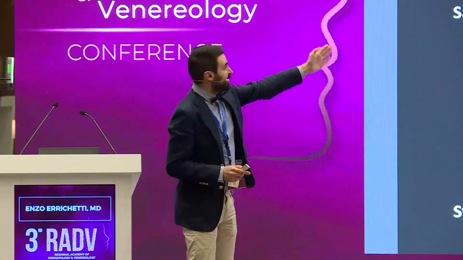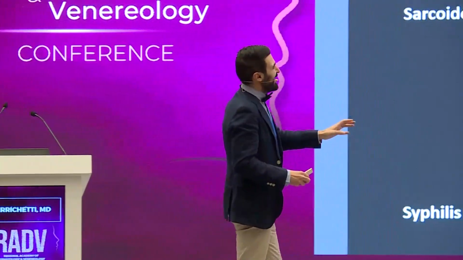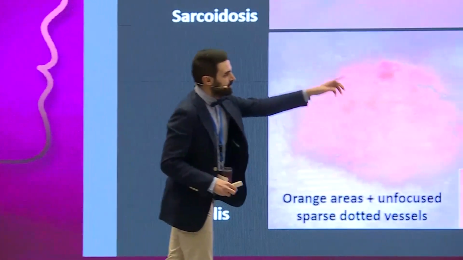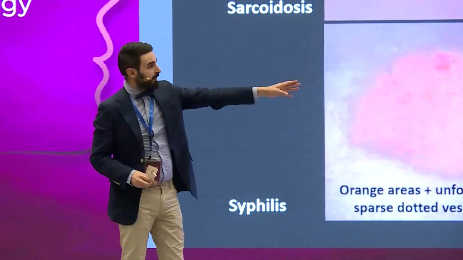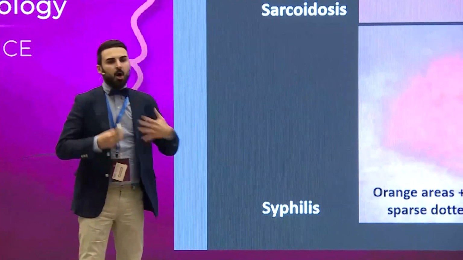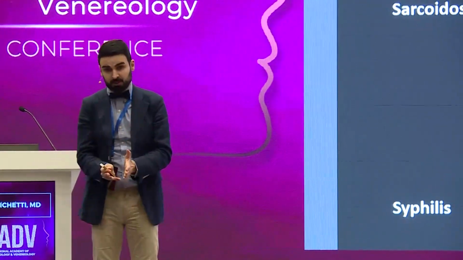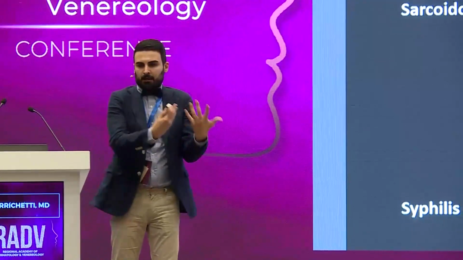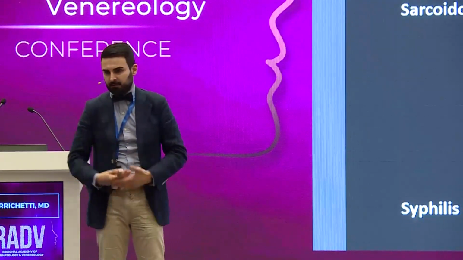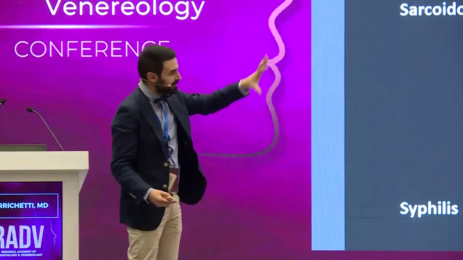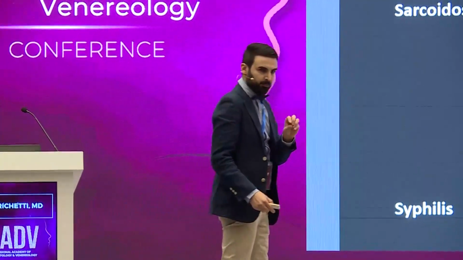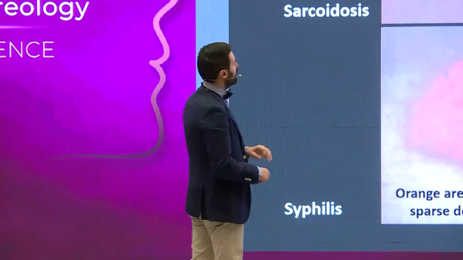Sarcoidosis, in which we have focused, sharp vessels, so we can distinguish it. And then these other 3 conditions: PRP, pityriasis lichenoides chronica, and syphilis. Honestly, from a dermoscopic point of view, it's very difficult to differentiate these 3 conditions, so we have to rely on clinical data and the medical history. But these are the conditions we have to think about when we have orange.